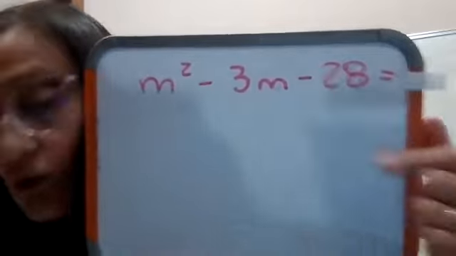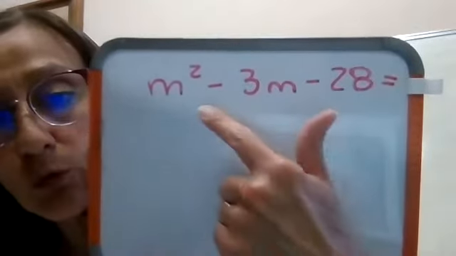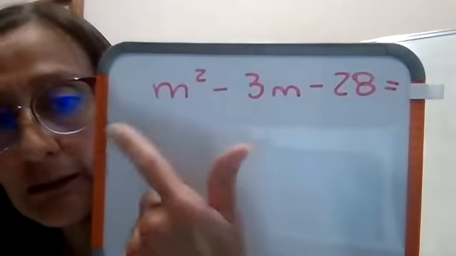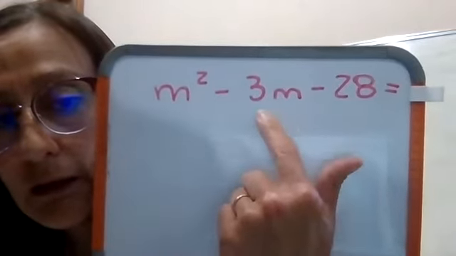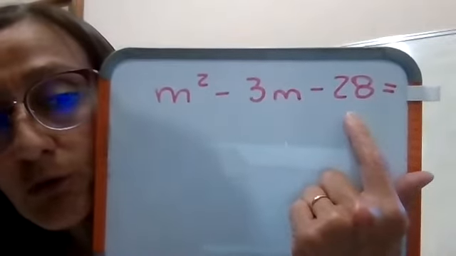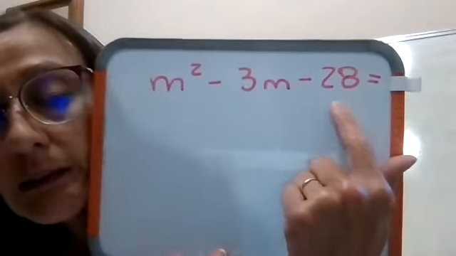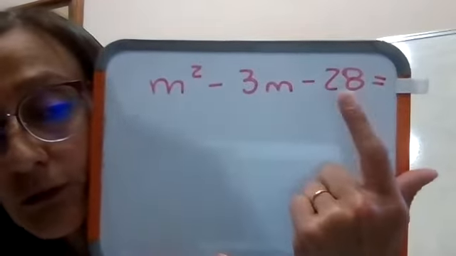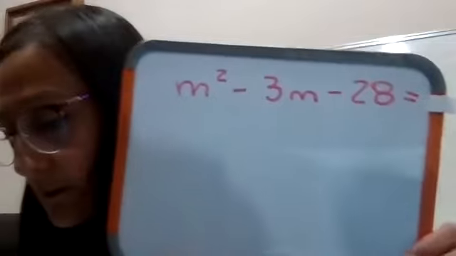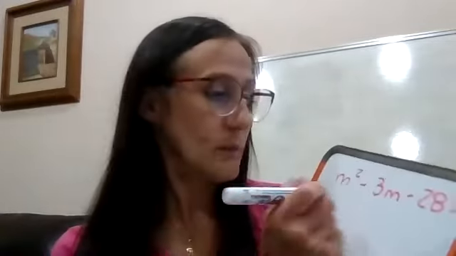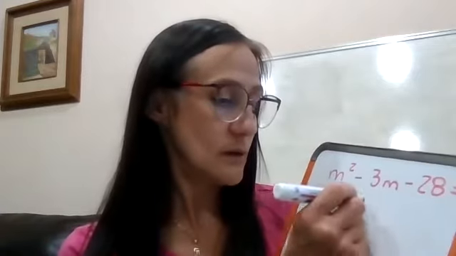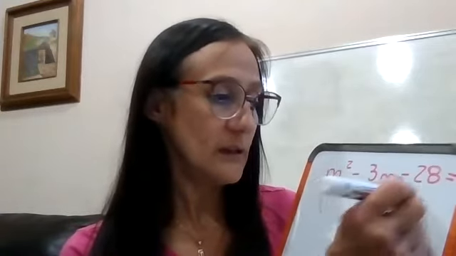Then here you have to check which number; this term has both the number and the variable, okay? So you have to look for two numbers that multiplied give you this number, so you will imagine which numbers multiplied give you the 28.